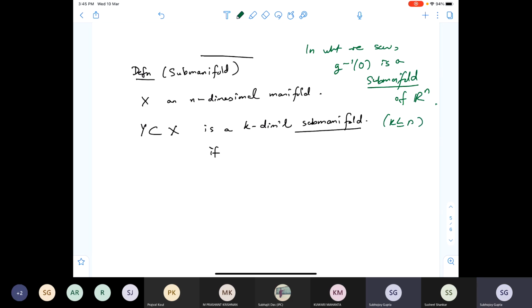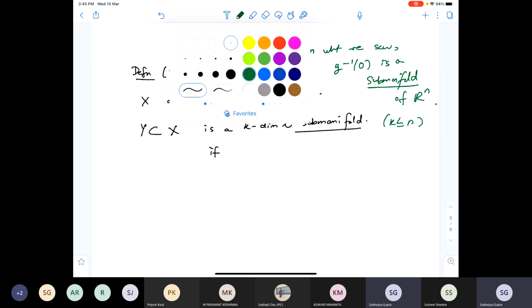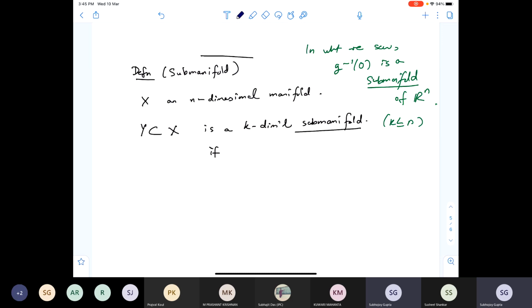Then Y is a submanifold if the following happens: for any point y in Y, there exists a neighborhood U of y and a smooth map, let me call it a diffeomorphism, not just a smooth map.